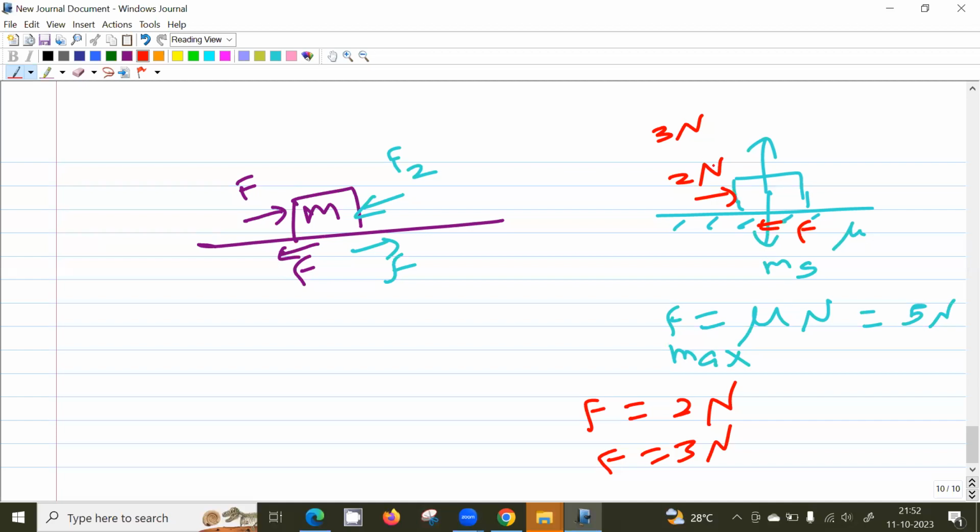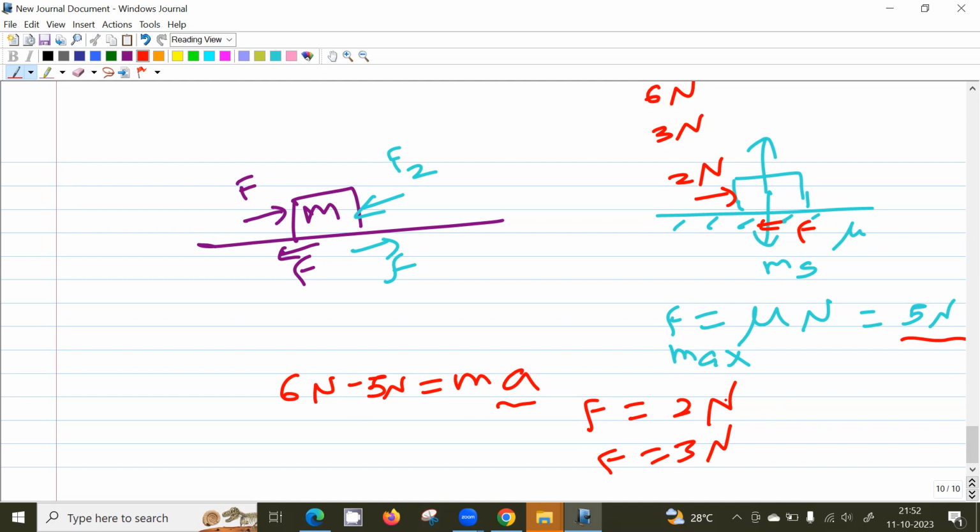This will happen until 5 Newtons. But if I increase the applied force to 6 Newtons, the maximum friction force is 5 Newtons, so the friction force will be 5 only. So the net force towards right will be 6 Newtons minus 5 Newtons, which equals mass into acceleration. The remaining 1 Newton will give an acceleration.